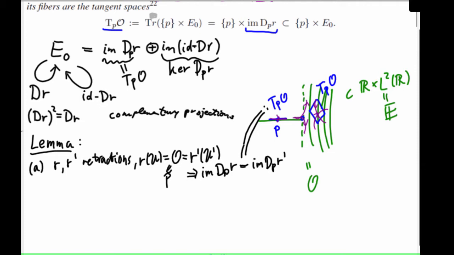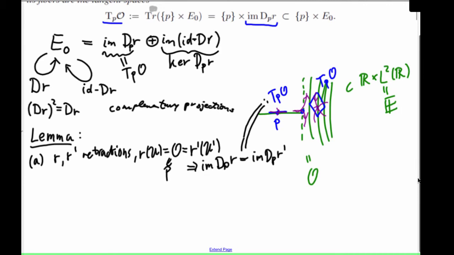But the lemma tells me that the path definition in the retract setting is actually the same one as this tangent space.